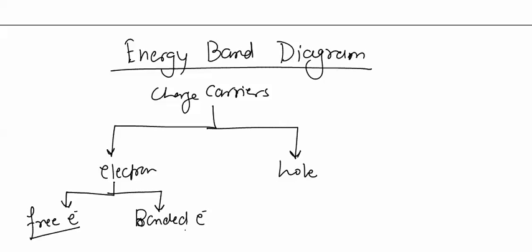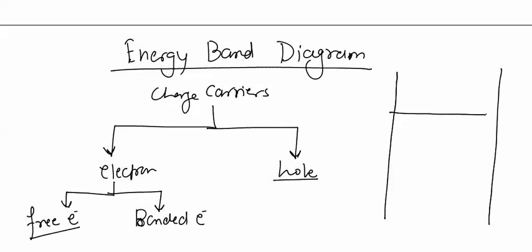Bonded electrons cannot move, even if we have applied supply across the material. And another type of charge carrier is hole. These three charge carriers carry different energy, means these are at different energy levels, and representation of energy of these charge carriers is done through energy band diagram.